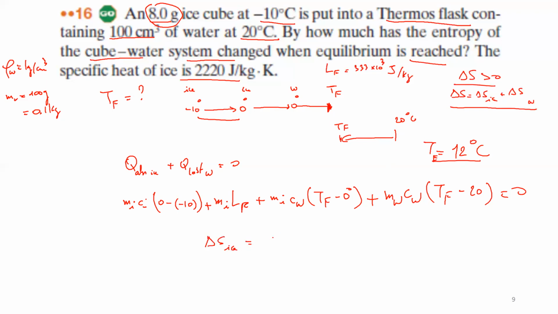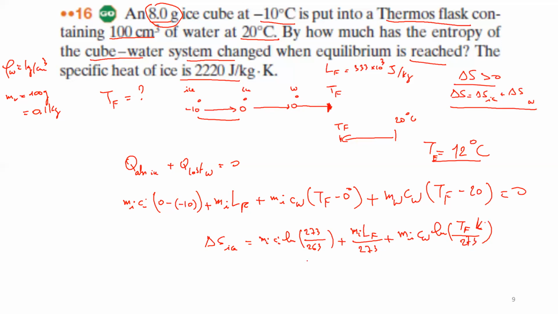Okay. So for the ice, first I will have mass ice, C ice, ln of 273 divided by 263, plus mass ice L_F divided by 273, plus mass ice C water ln of T final in Kelvin divided by 273.